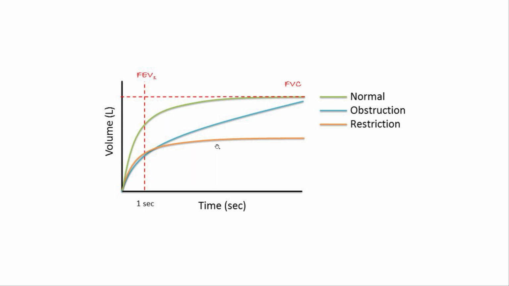So of that reduced FVC, you're still able to get the normal proportion of it out in 1 second. Whereas in an obstructive condition, you still have that same FVC, but it takes you a long time to breathe it all out. So FEV1 is reduced with a possibly normal FVC. That's where you get the reduced FEV1 to FVC ratio.